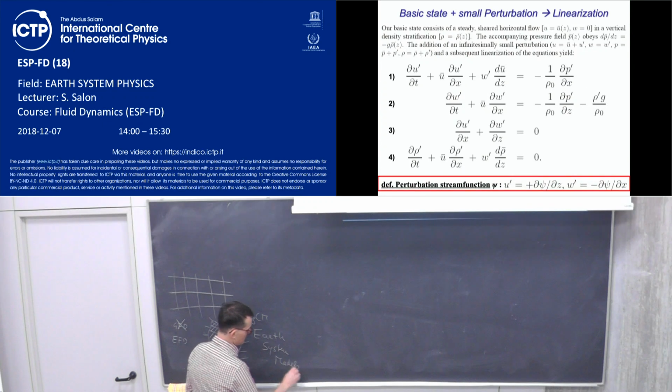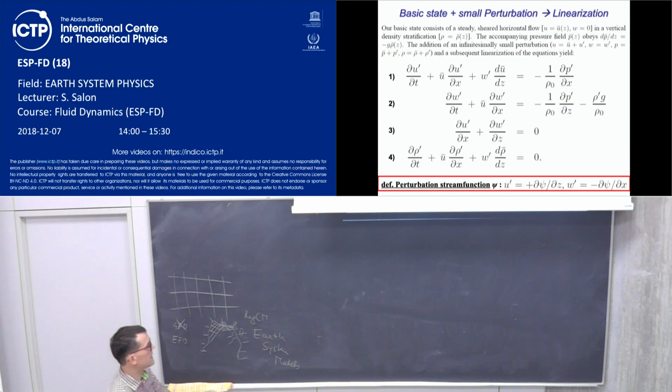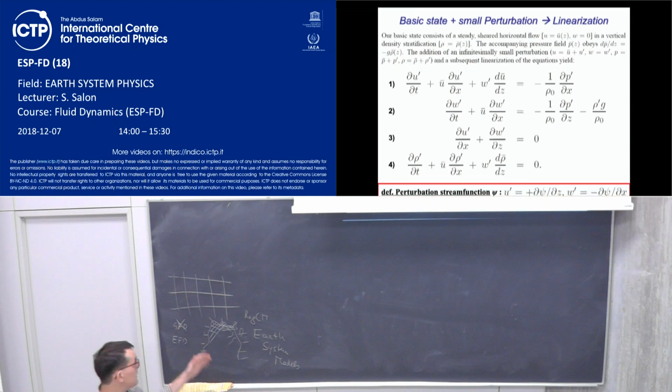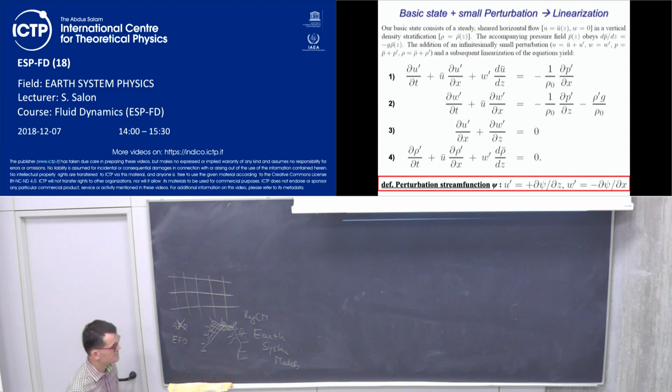Earth system models take into account atmosphere, ocean, chemistry in the atmosphere, chemistry in the ocean, land, so forests, for example, different kinds of impact of human activity on the territory, and then biology in the ocean.